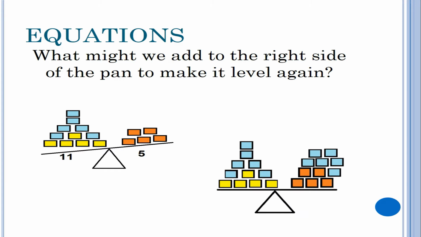So what might we add to the right side of the pan to make it level again? We added 6 more boxes on the right side of the pan to make it balanced. So we have 5 plus 6 equals 11, and we also have 5 plus 6 equals 11.